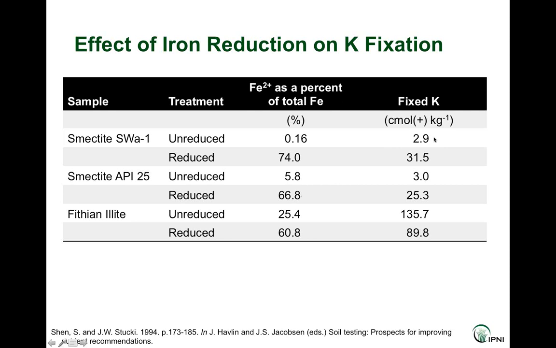We can go from very little K fixed to a substantially greater amount for both smectites when they are under reduced or waterlogged conditions. The illite, on the other hand, under those same conditions, where it now has more structural iron in the 2+ state as well, actually fixes less K, or it releases K under those waterlogged or moist conditions instead of fixing it.